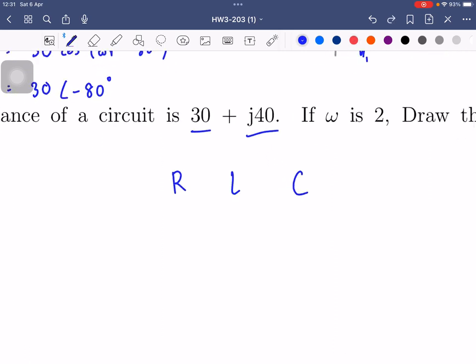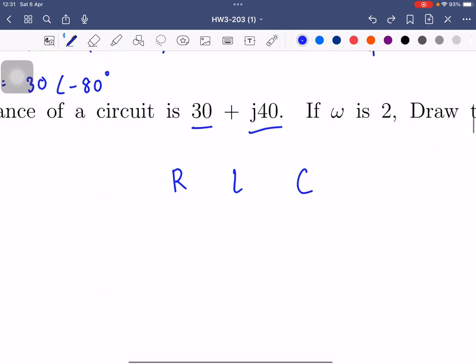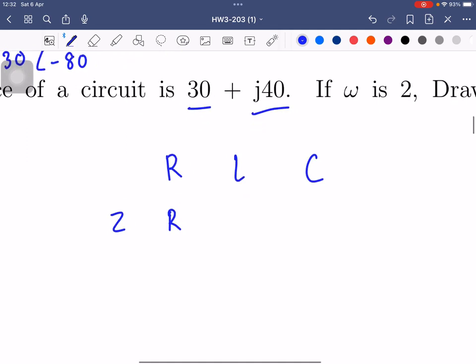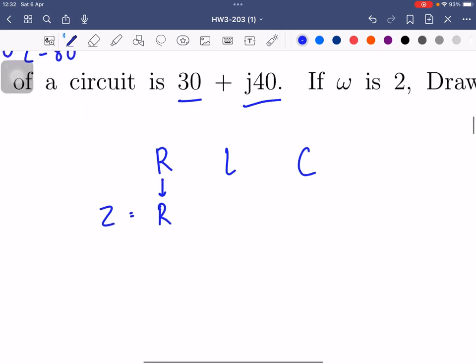If you can remember the formula to find the impedance, for the resistor the impedance is R. It is not dependent on the frequency and has no imaginary part. So the impedance of the resistor is just R, just the resistance, right?